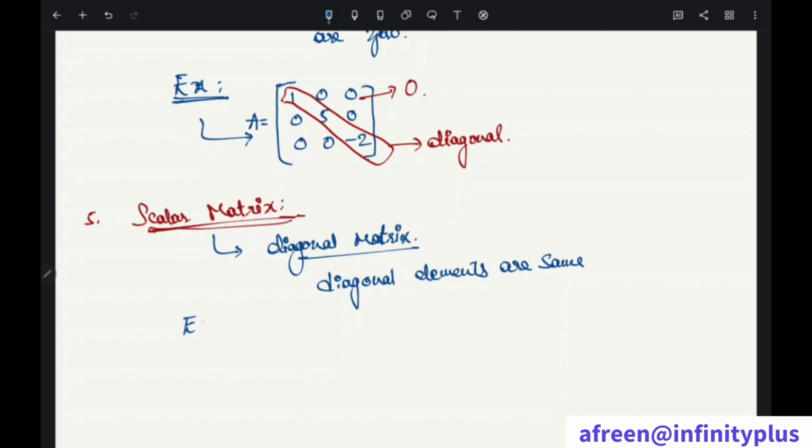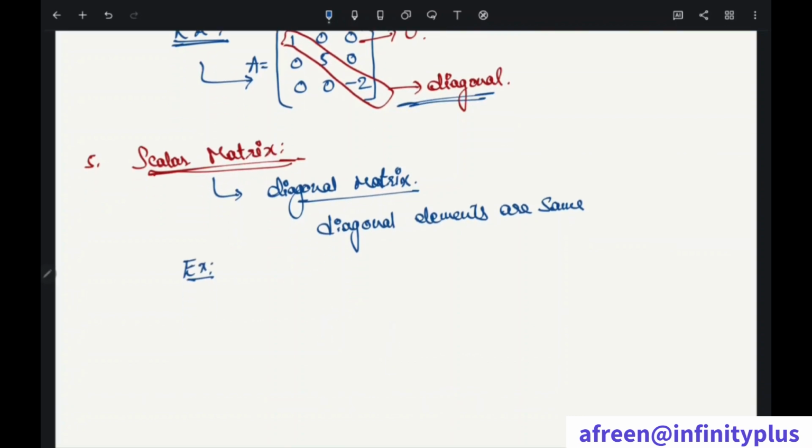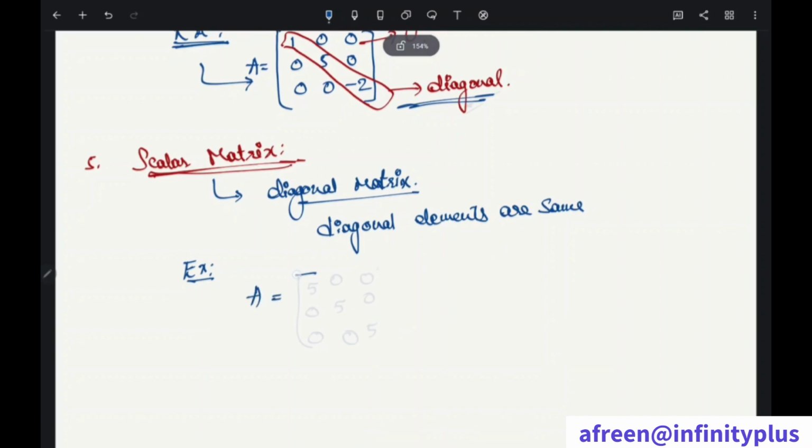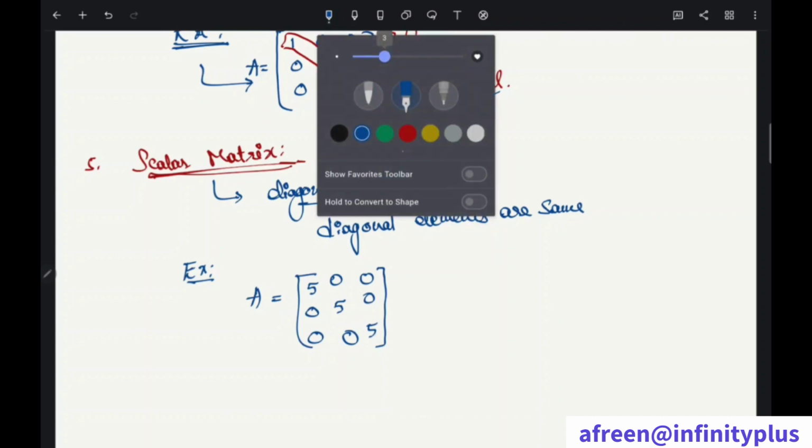Let's convert this diagonal matrix into a scalar matrix. A scalar matrix is a diagonal matrix where the diagonal elements are the same or equal to each other, and the non-diagonal elements are equal to 0.